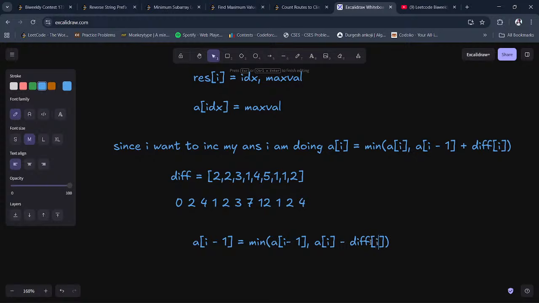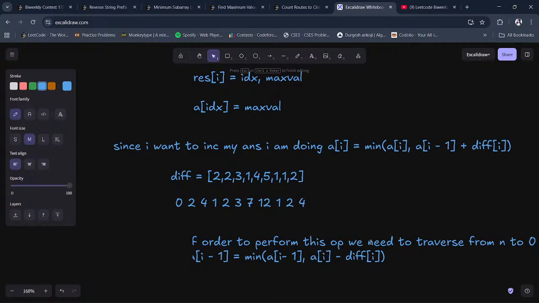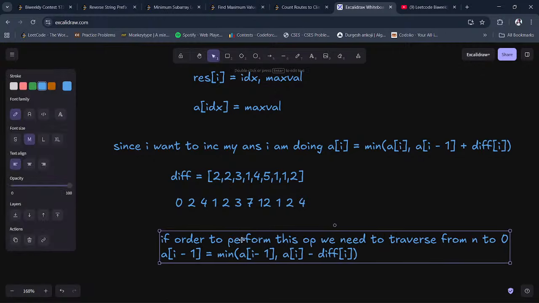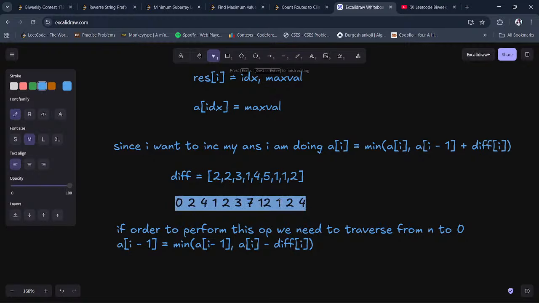But in order to perform this operation, we need to traverse from n to 0. Why n to 0? Because we fixed 0 to n such that it gives us the maximum possible value. If you want to decrement something, this is the limit, right? So based on the limit, we can decrement this value.